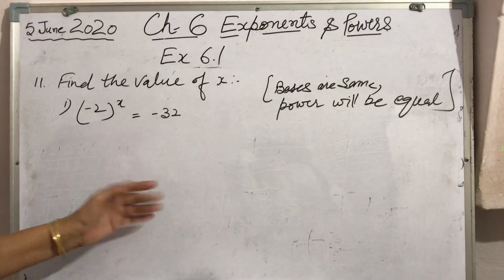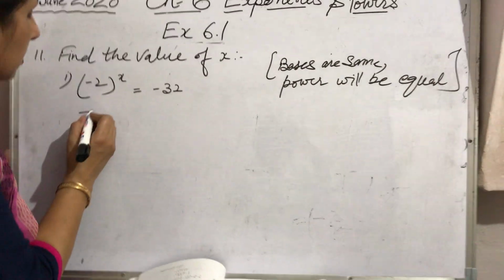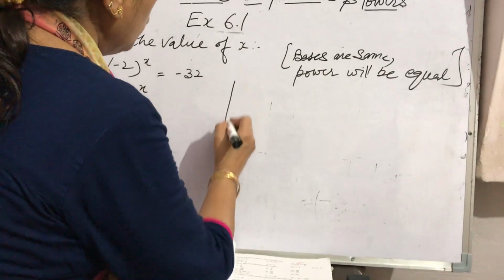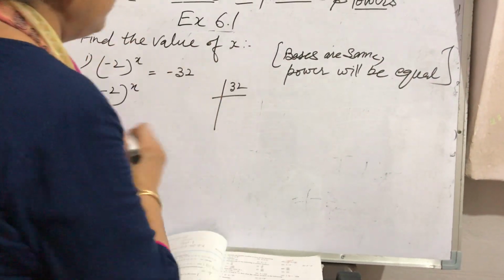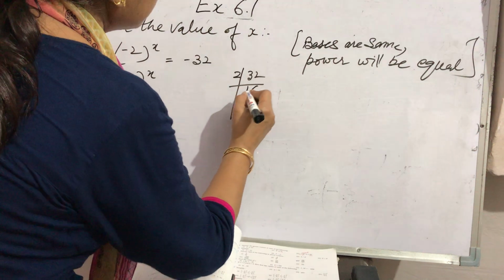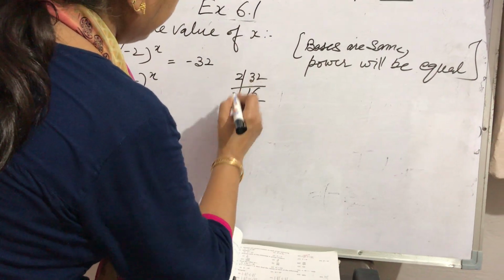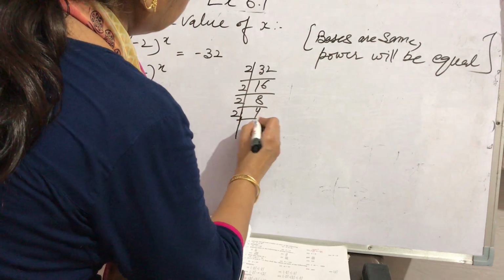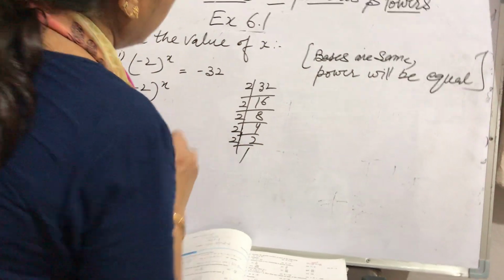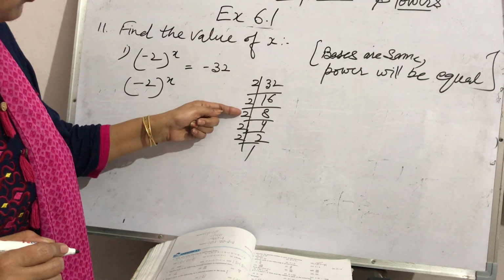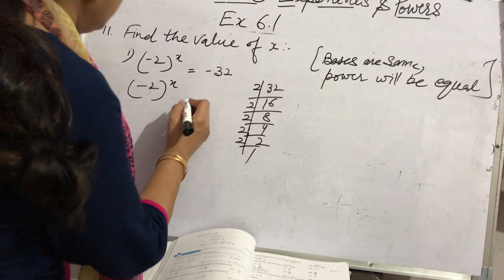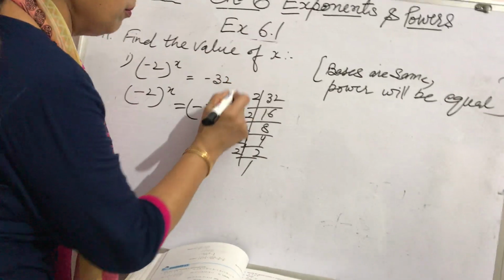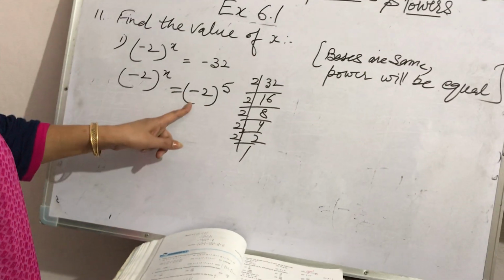Factors of 32: divide by 2, 16, again 2, 8, then 2, 4, then 2, again 2. It means 1, 2, 3, 4, 5: (-2)^5. It will be 32, written in power notation.